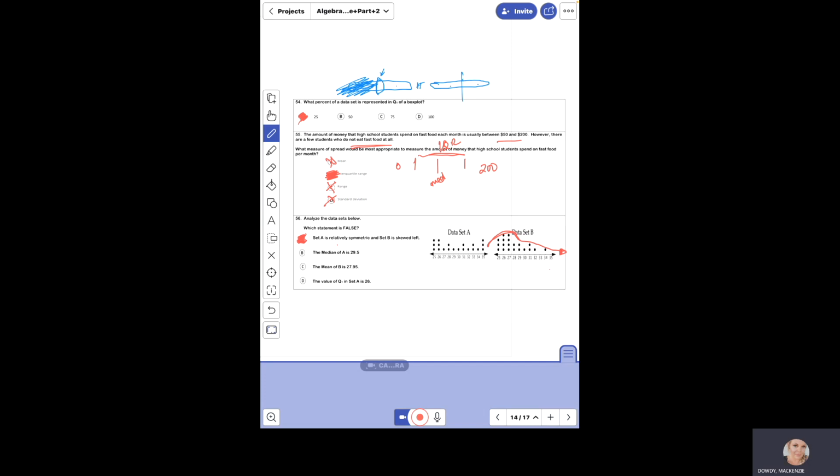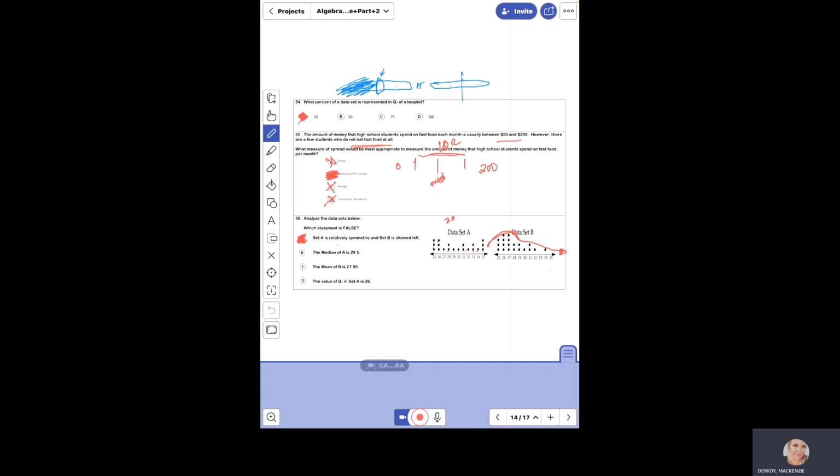But I want to look and see the median, the middle number of A. You can see you have 20 numbers. So the median is going to be the two in the middle.